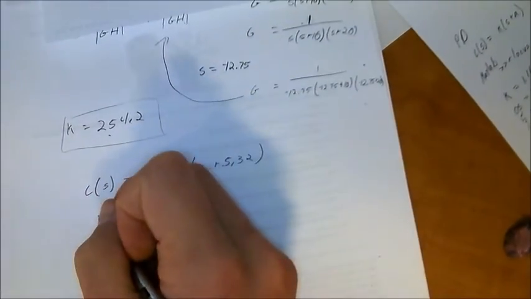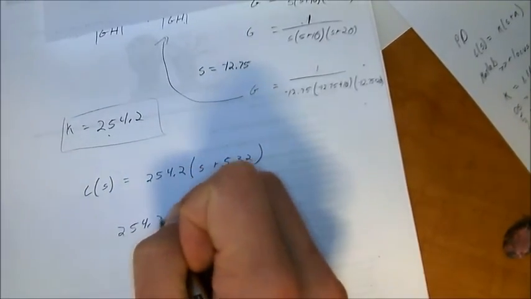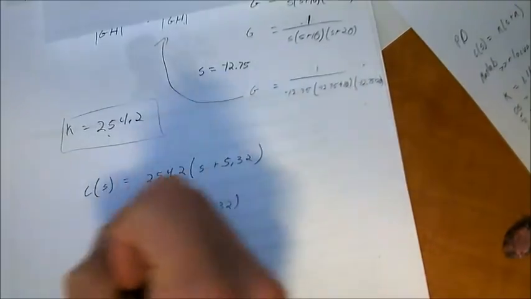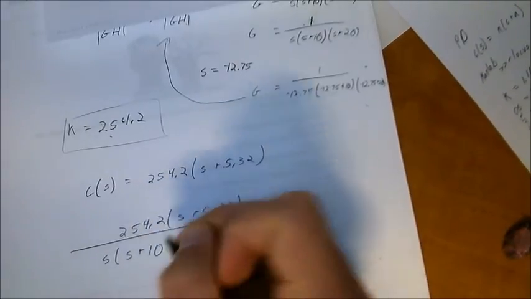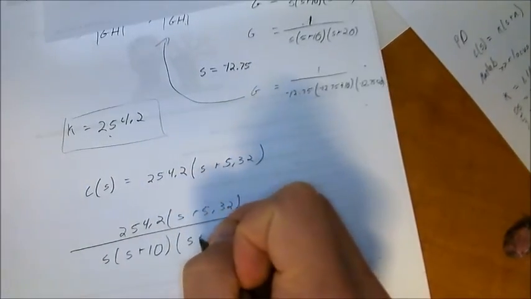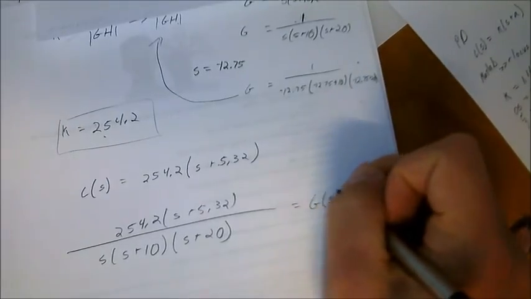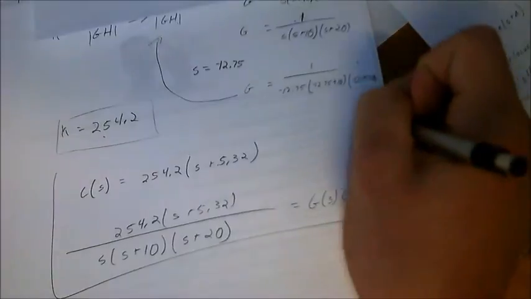Okay, and so if you want your final transfer function, it's going to be 254.2 times s plus 5.32 all over s of s plus 10 times s plus 20. That is equal to G of s, C of s. And that's your final answer.